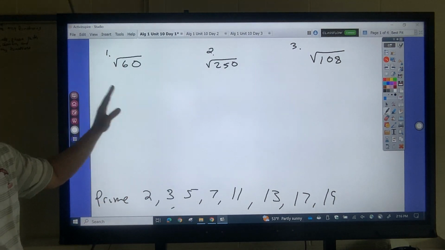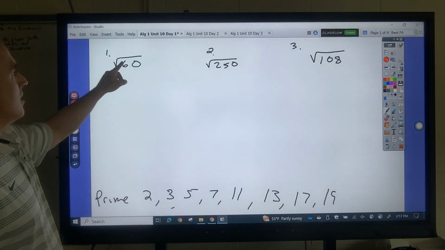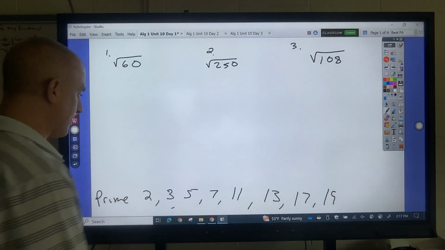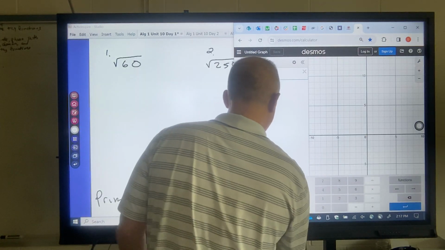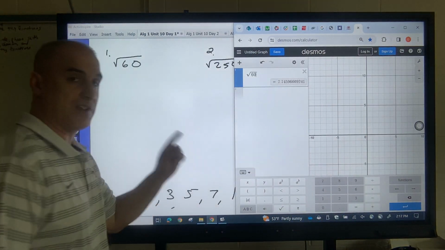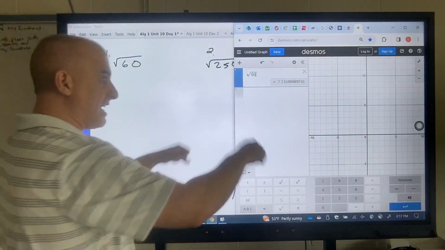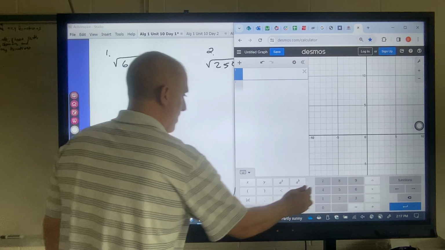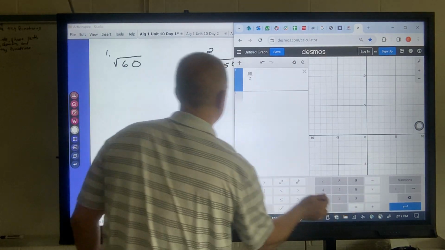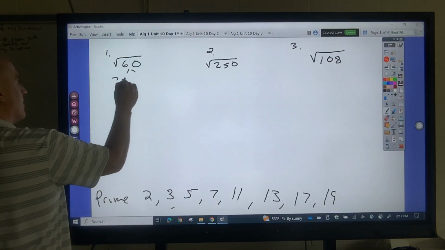So what you want to do with the square root of 60, okay, is you can always put square root of 60 in your calculator. If you get a decimal, you have to break it down with the branches, okay? So what I want to do is do 60 divided by 2, and I get 2 and 30.